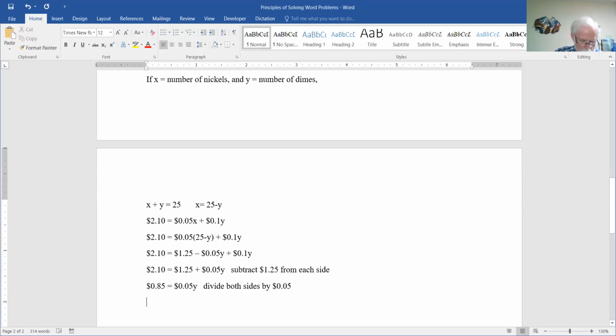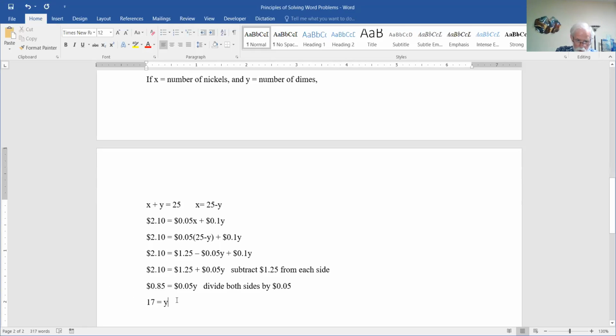So 17 equals y. I know that most of your book will try to rearrange this and tell you to put the variable on the left. It does not matter. 17 equals y is exactly the same thing as y equals 17. So don't get caught up too much in the order of where the variable is.